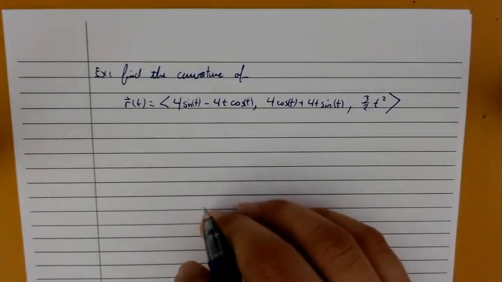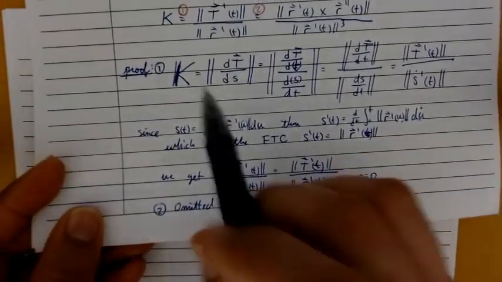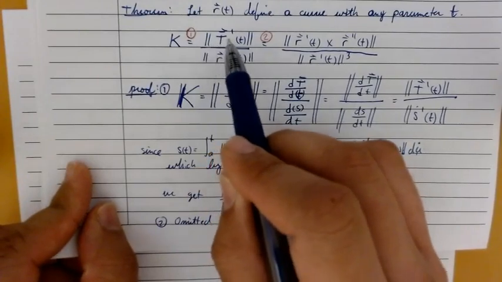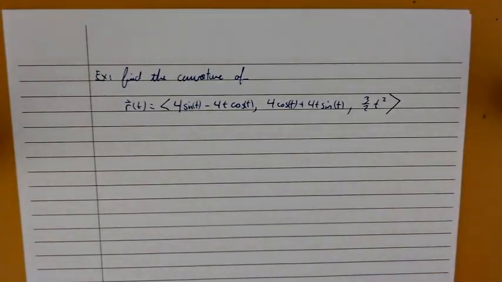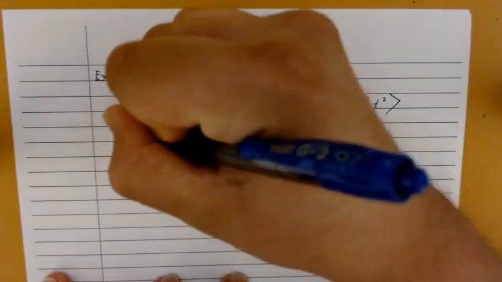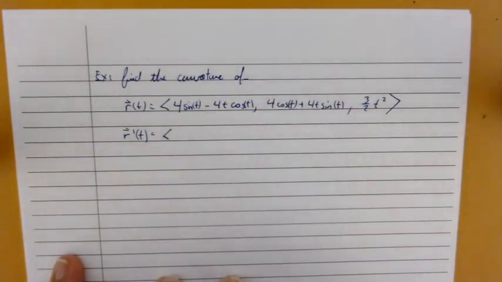So we're going to find the curvature of this. Of course, we can do this by definition, but I think we may exploit one of our theorems instead. So we'll exploit this first conclusion here, and we'll simply compute the magnitude of T prime of t over the magnitude of r prime of t. All right, so let's take a look. First, let's compute r prime of t. That's not too bad.